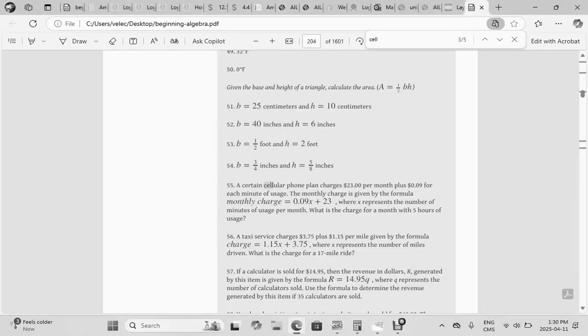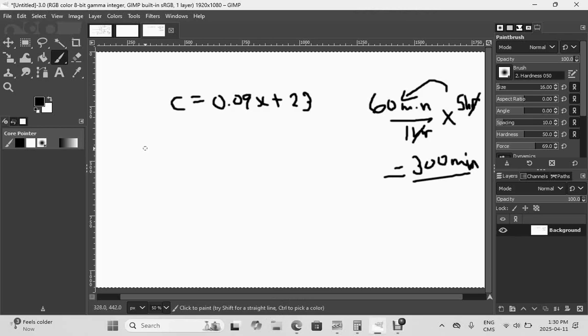We need to figure out the monthly charge for 300 minutes. We know that $23 is your base fee, your monthly plan, and then you're being charged 9 cents for every minute of usage. So the cost will be 0.09, or 9 cents, times 300 minutes of usage, plus your base monthly fee of $23.